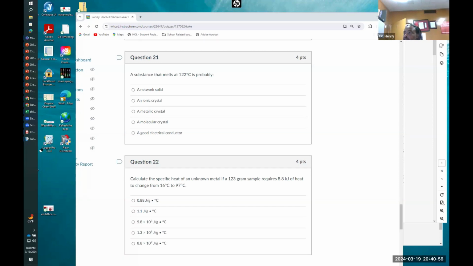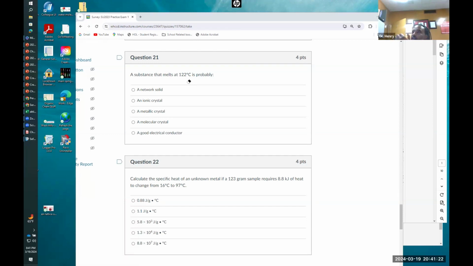The melting temperature of it is so low. 122 degrees Celsius is kind of like what water boils at. So if it's a metal, it's going to have a much higher melting temperature. Most metals melt well above 100 degrees, in the thousands of degrees.